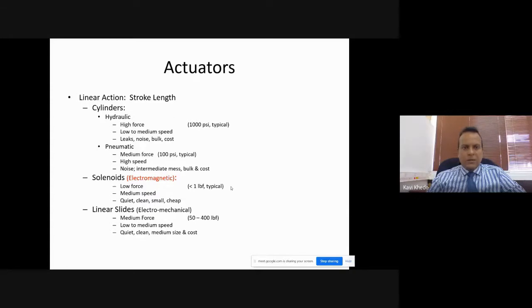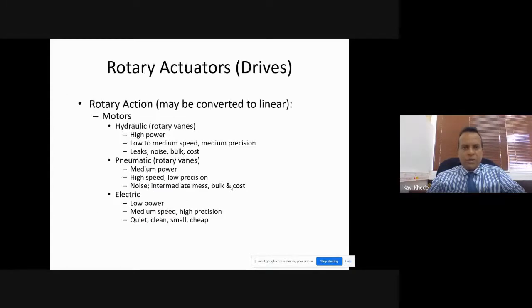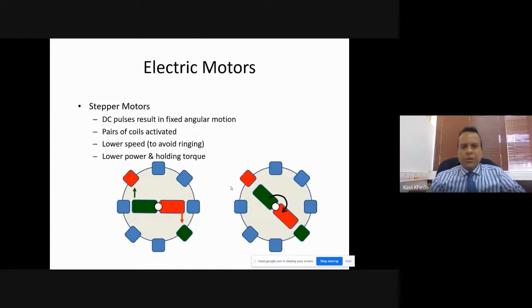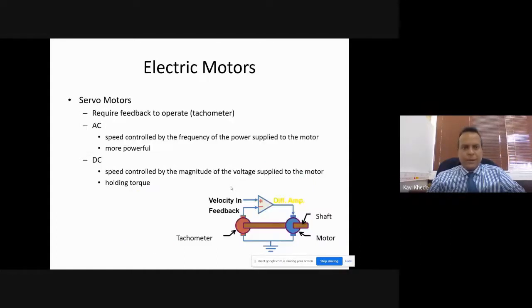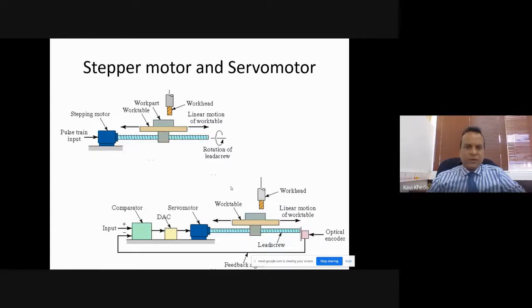Again, these are types of linear actuators, rotary actuators, electric motors. We had a discussion on stepper motors and servo motors. This is how a stepper motor works. This is how a servo motor works, and the difference between a servo motor and a stepper motor.